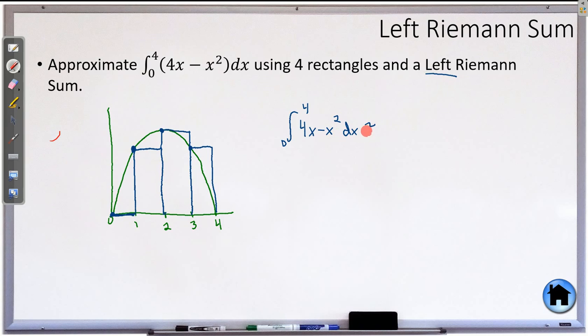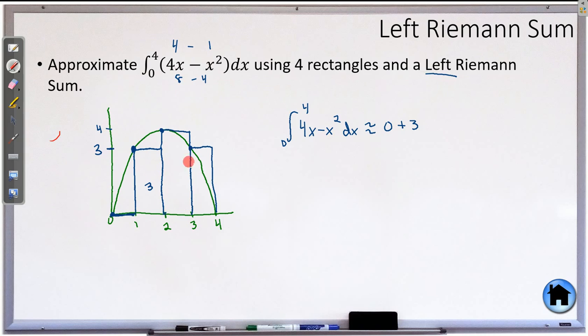is going to be approximately equal to, the first rectangle has an area of 0. The second rectangle is going to be 1 times, let's see, we need the y value right here. So what is the y value when you plug in 1? It will be 4 minus 1, which is 3. So 1 times 3 is 3. The next one, if you plug in 2, you get 8 minus 4, so that will be a height of 4.